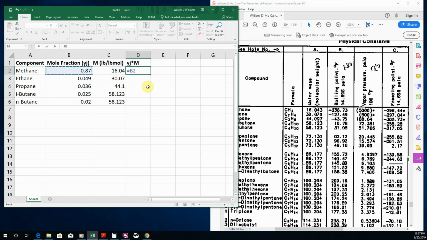This is going to be equal to that times that, and then we can just copy these down. And so this is the component of the molecular mass made up by this gas. So if we come down here, I want to say M sub A, let's call it that. This is the composite molecular mass of this mixture.